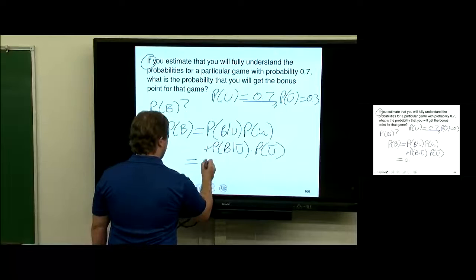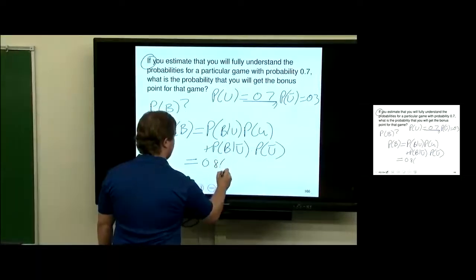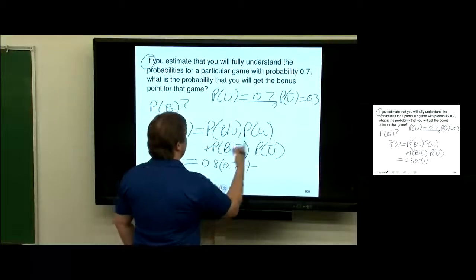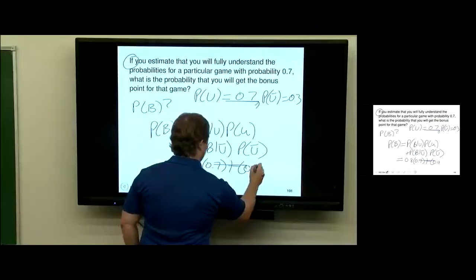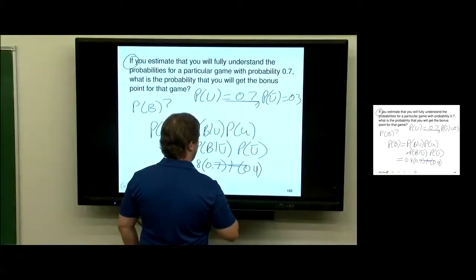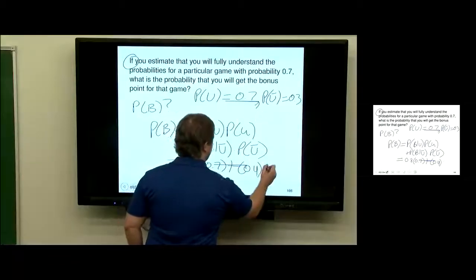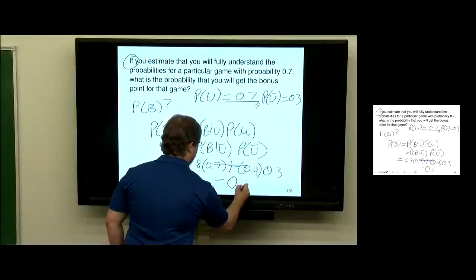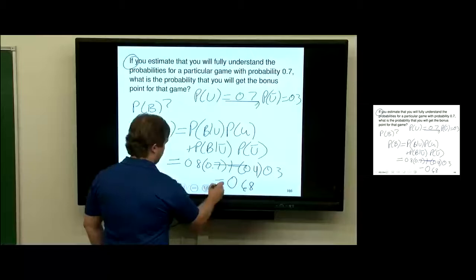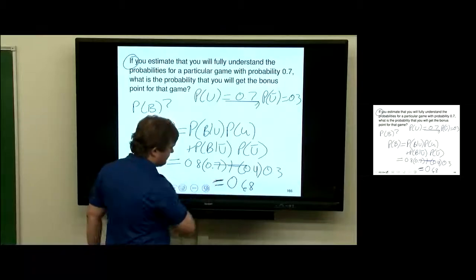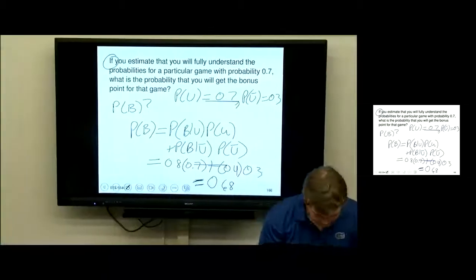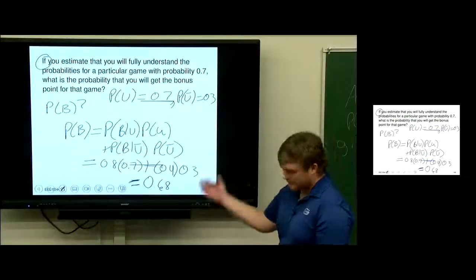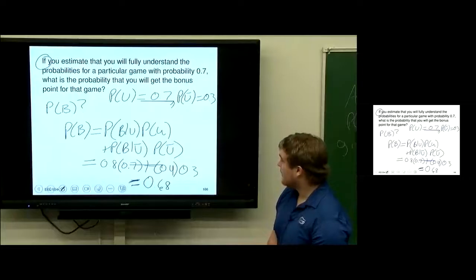So I think it was 0.8 times 0.7 plus 0.4 times 0.3. This equals 0.68. So 68% chance. You get to see another exhibition of the law of total probability. I think that's pretty cool. We can solve that using that.